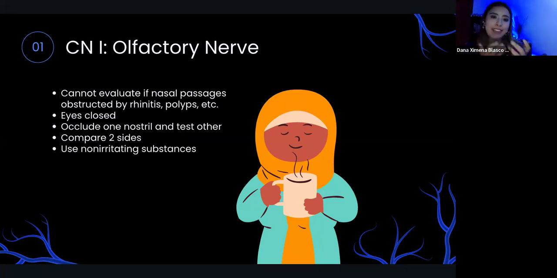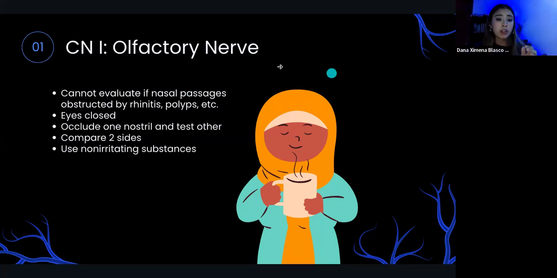Because if that's the case, we're not going to examine this nerve properly, because it's not going to be a nerve lesion or something like that. Maybe it's just something that is obstructing the nasal passage, and we could make a false positive diagnosis if the patient has those kinds of pathologies, right?